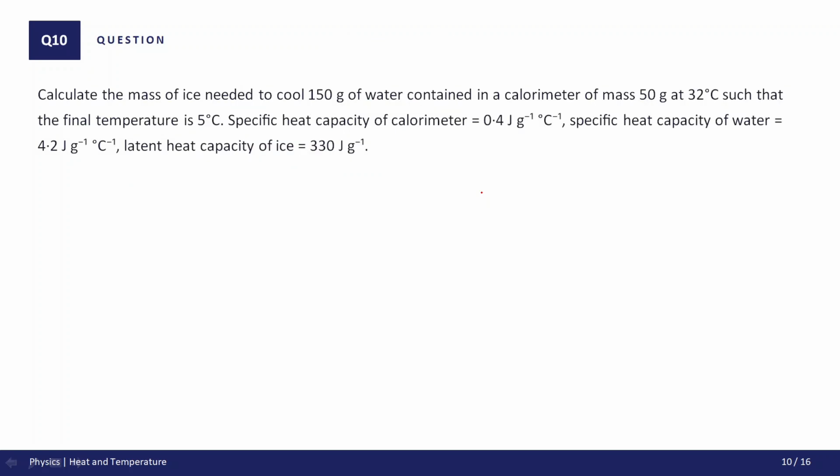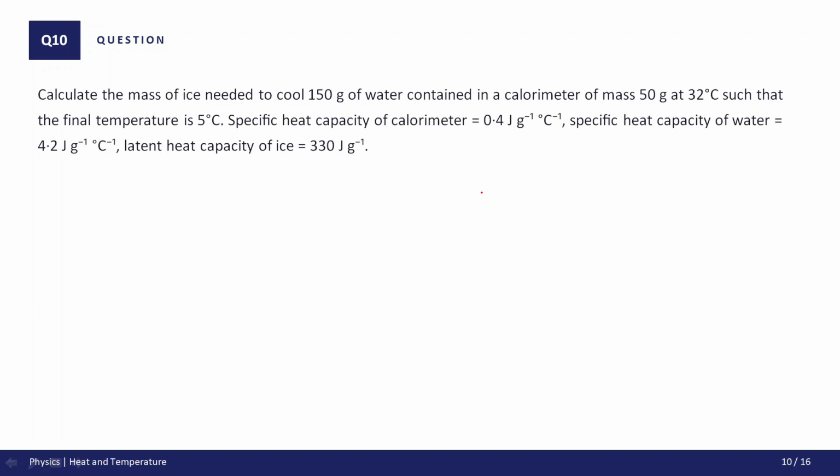10th one. Calculate the mass of ice needed to cool 150 gram of water contained in a calorimeter of mass 50 gram at 32 degrees Celsius, such that the final temperature is 5 degrees Celsius.